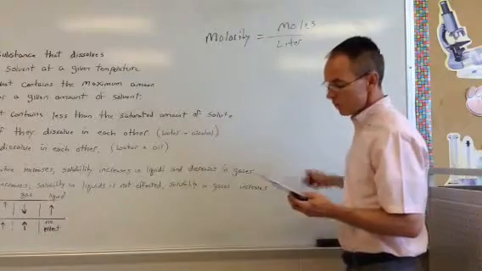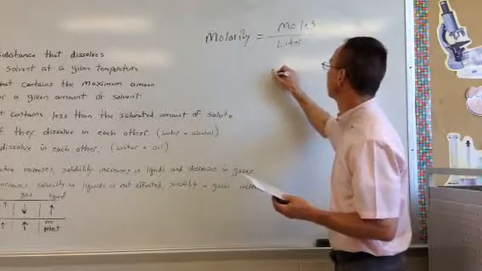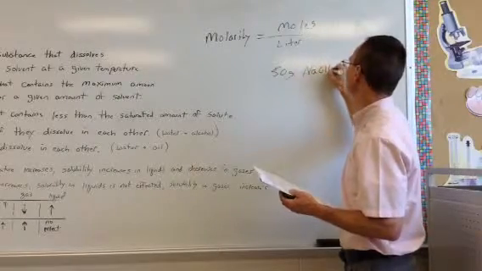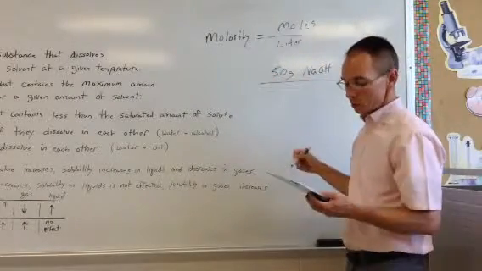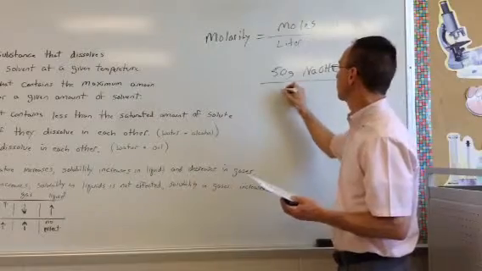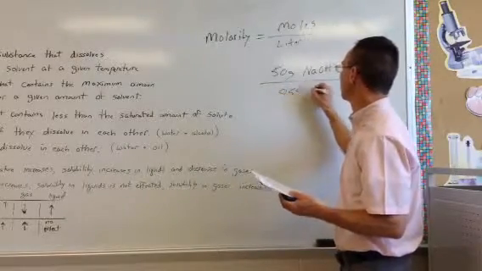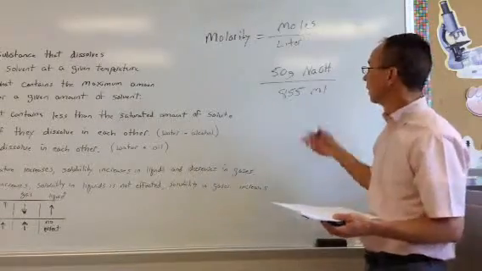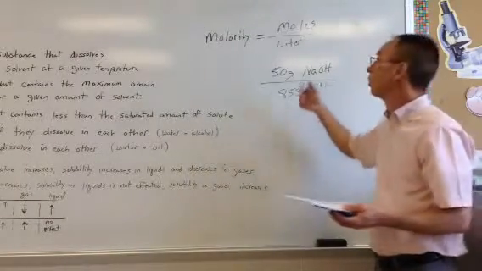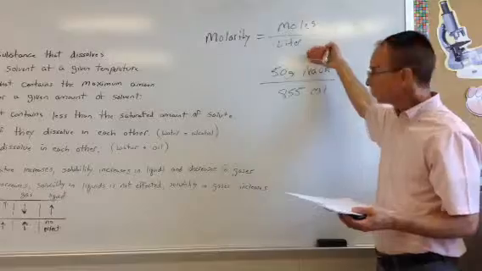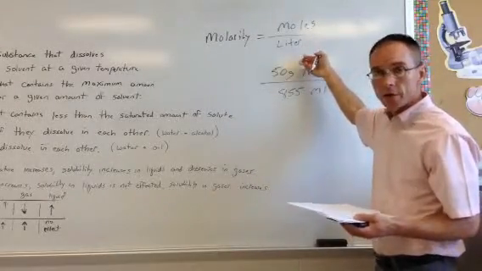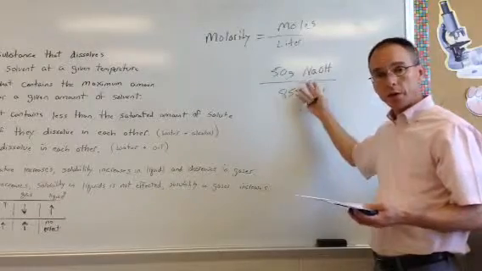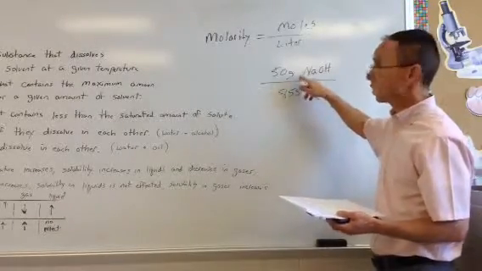The problem says we have 50 grams of sodium hydroxide, and it's dissolved in 855 milliliters of solvent. And they want to know the molarity. Well, molarity is moles per liter, so we have to get the numerator into moles and the denominator into liters, and then we can divide it. So let's start with the numerator.